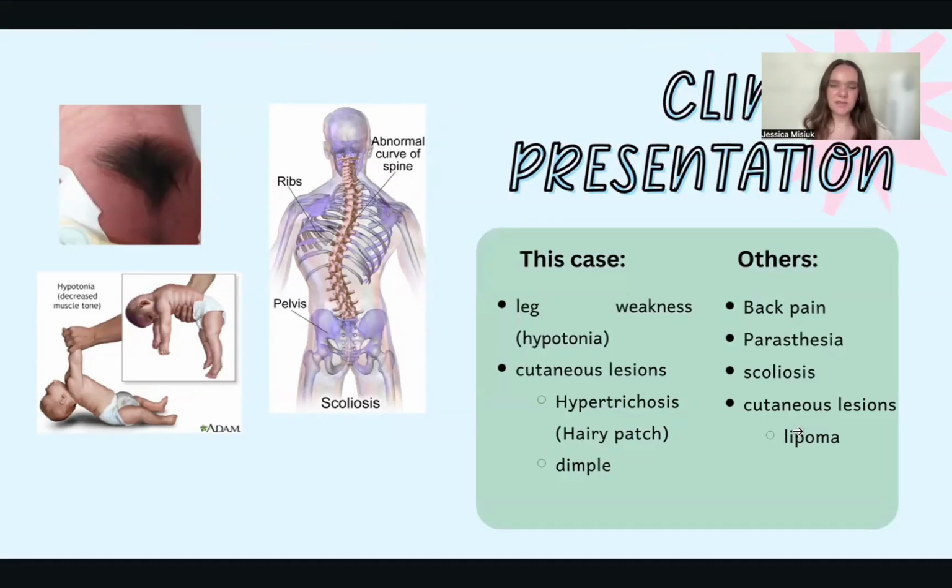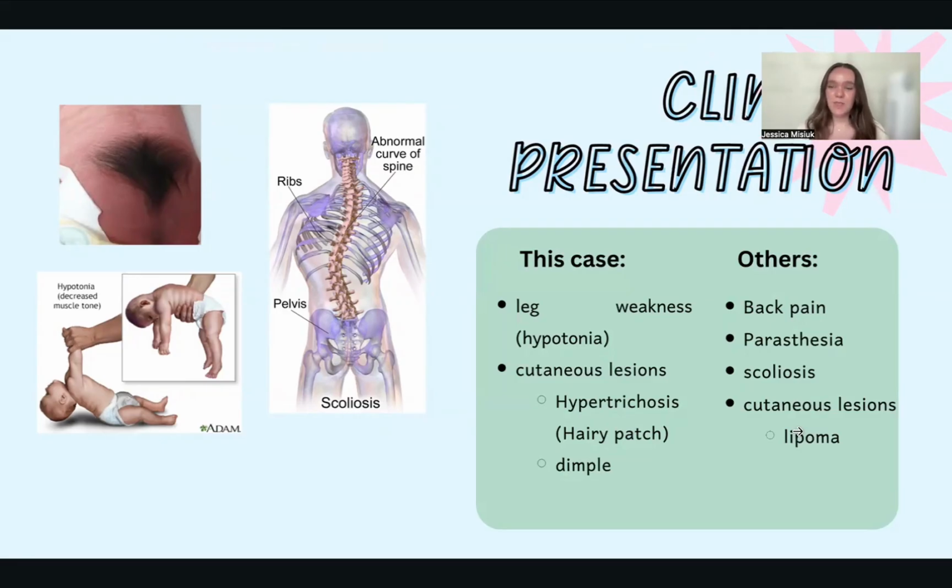Some of the other symptoms that this patient presented with are some cutaneous lesions, two of which being hypertrichosis, which is a hairy patch in the lumbar region, just above the buttocks, and a dimple in that area as well.